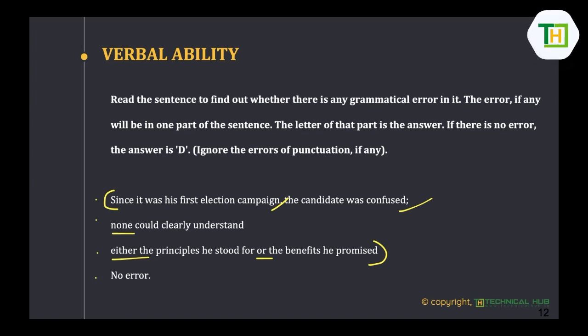Here, none is used. Instead of this, no one should be used. No one could clearly understand either the principles he stood for or the benefits he promised. So, the right option is this one. Wrong statement is also this one. Okay. Next one.